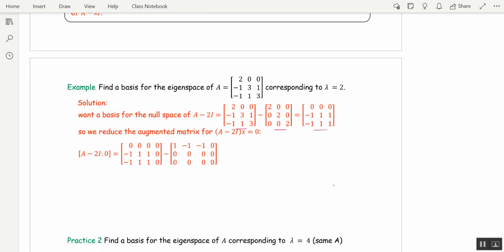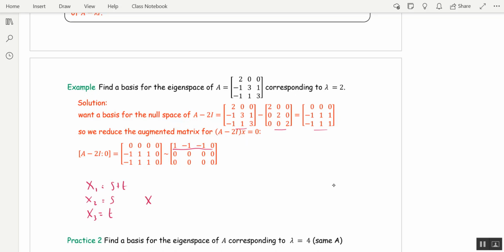This is exactly what we did last time, except now I don't want a single vector, I want a basis for the null space. So x3 is free, it's t. x2 is free, it's s. And x1, if I look at this top line here, that tells me x1 is s plus t.